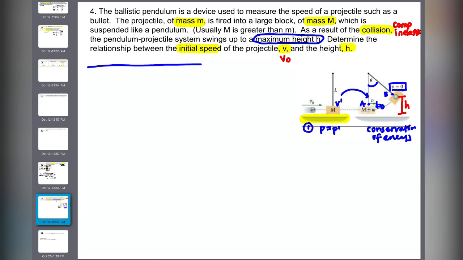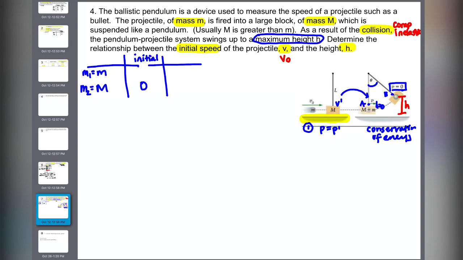So for step 1, I do the conservation of momentum. I'm going to do this chart again, it's always helpful. I have lowercase m and big M. M1 is the lowercase m, M2 is the bigger M. The initial velocity: the block was not moving.